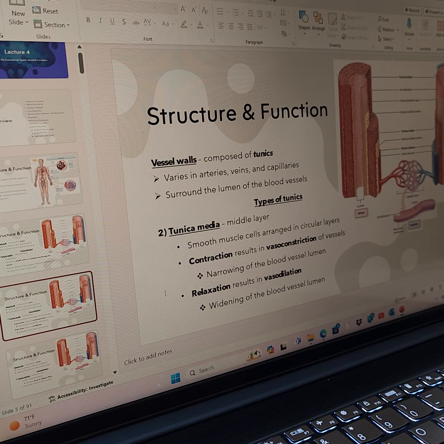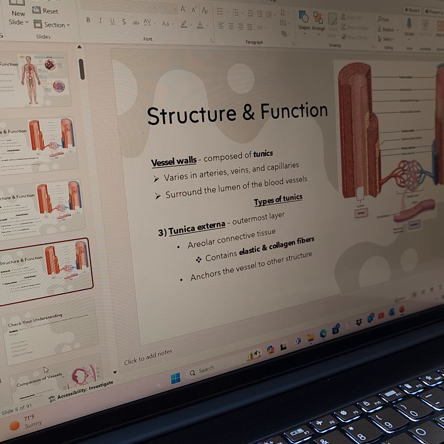Relaxation is the widening of the blood vessel lumen, so the pathway is getting larger. Tunica externa is the outermost layer, and it contains connective tissue.